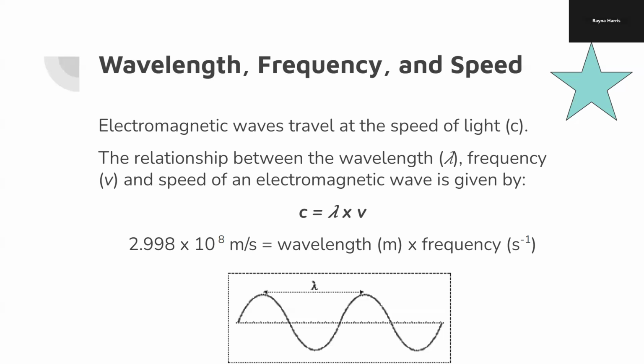Okay, there are two critical equations. This is why I put a star on this page. This is the first one, and you can write them in your notepad. You might also want to write them on that conversion sheet, because you're going to need to know this one and the other one. There is a relationship between wavelength, frequency, and speed. Electromagnetic waves travel at the speed of light.